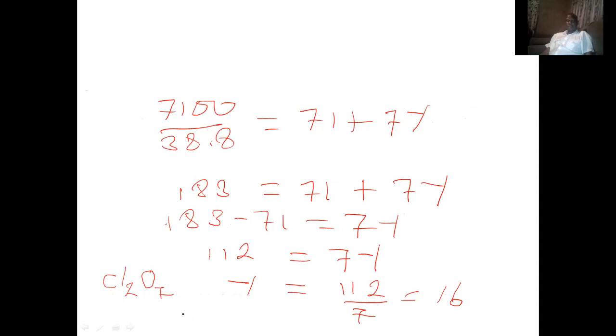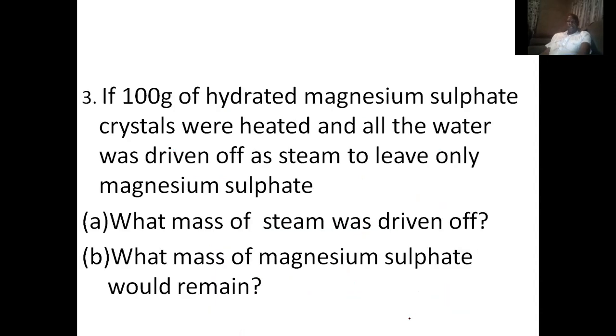Okay, so oxygen is the one with the relative atomic mass of 16. Okay, and so we have identified the element, and so we go to the last equation.